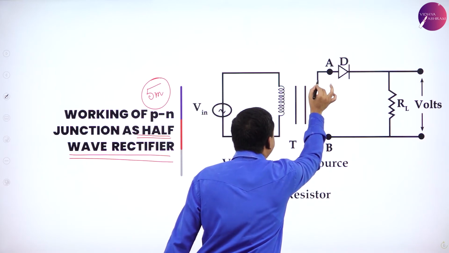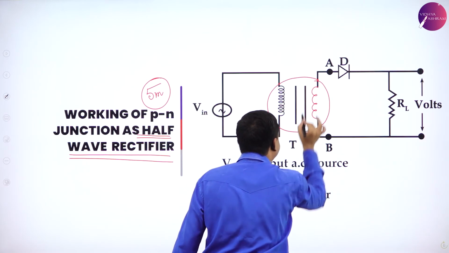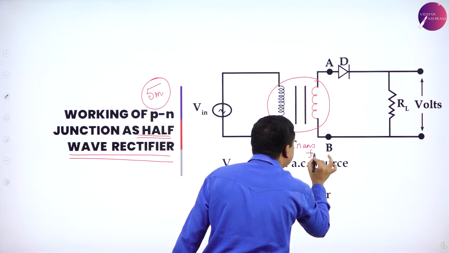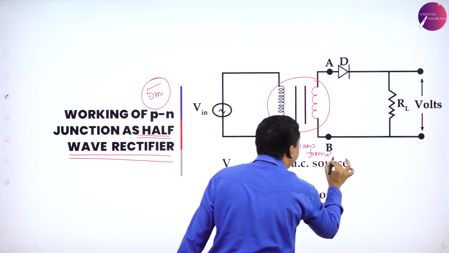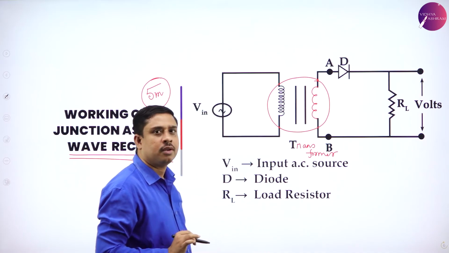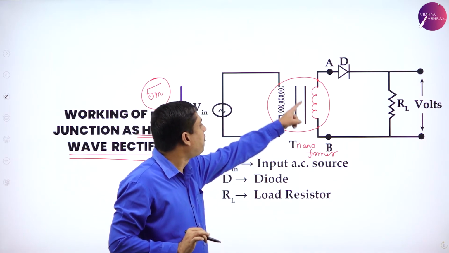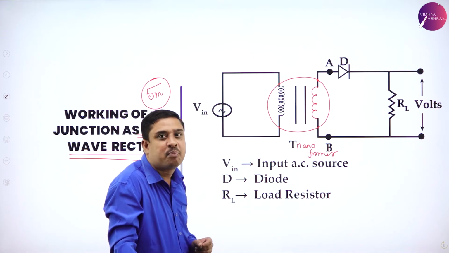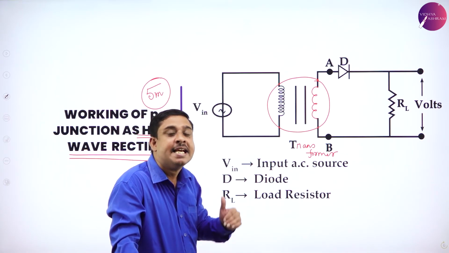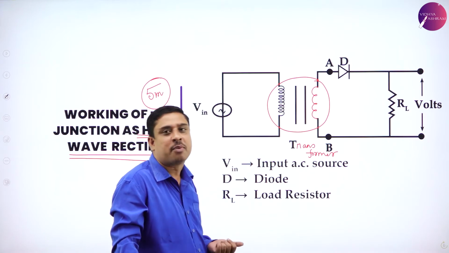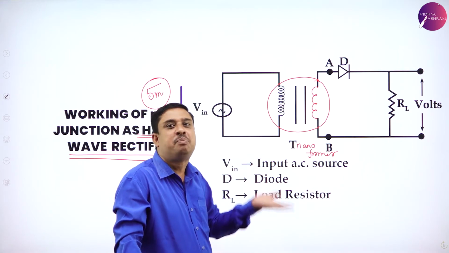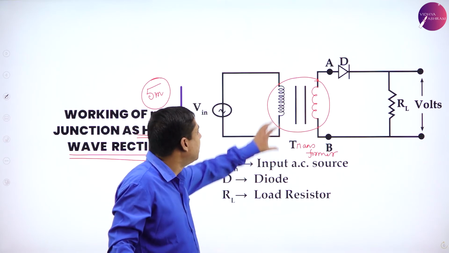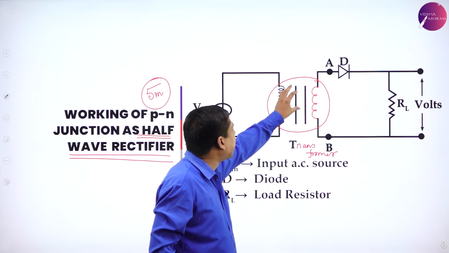And this is the symbol for a transformer. I have discussed the symbol for a transformer in the AC chapter. It could be a step up transformer or a step down transformer. So this is a transformer.